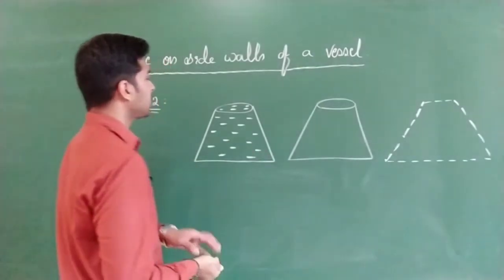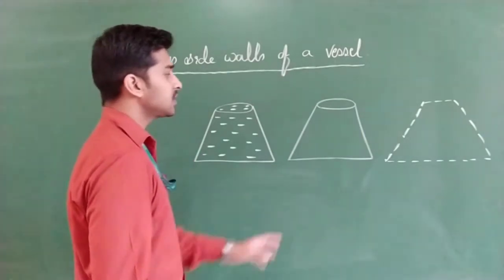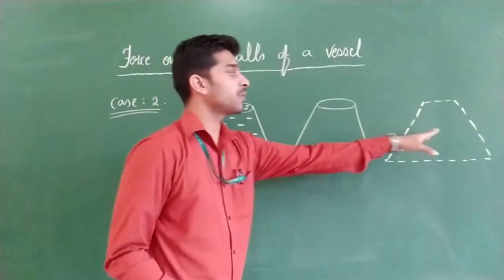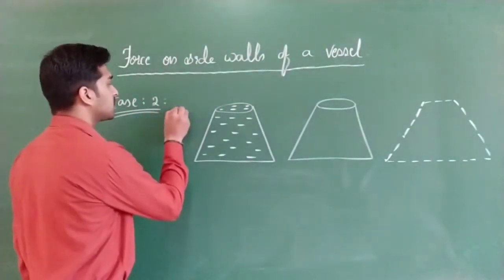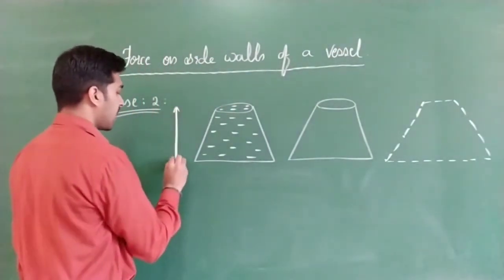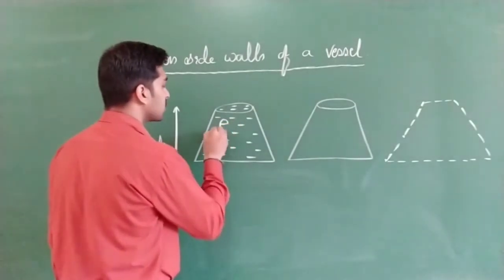This is the vessel which has been filled with liquid, and this is only vessel, this is only liquid. Clear? So this distance is again going to be considered as H. The density of this liquid is rho.